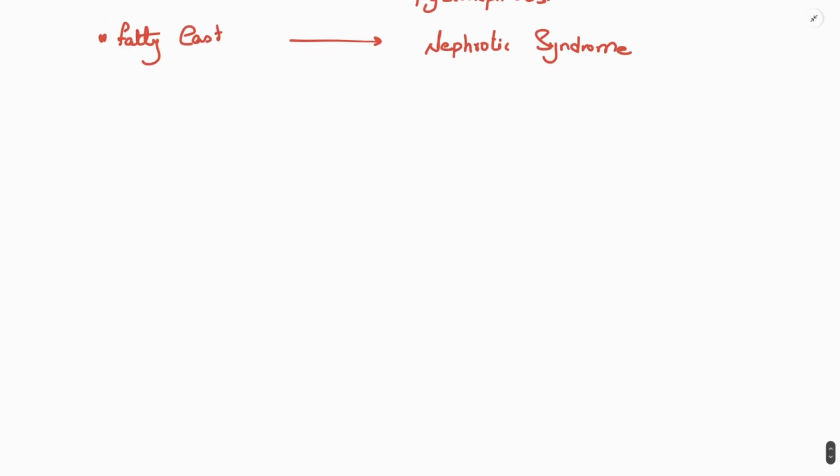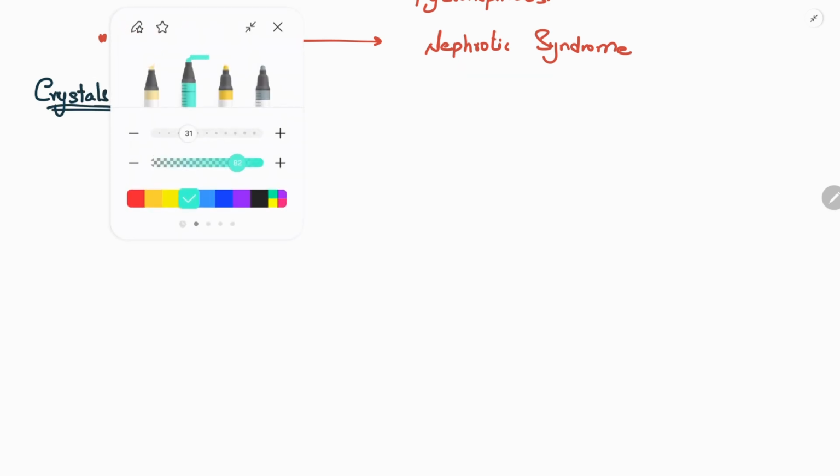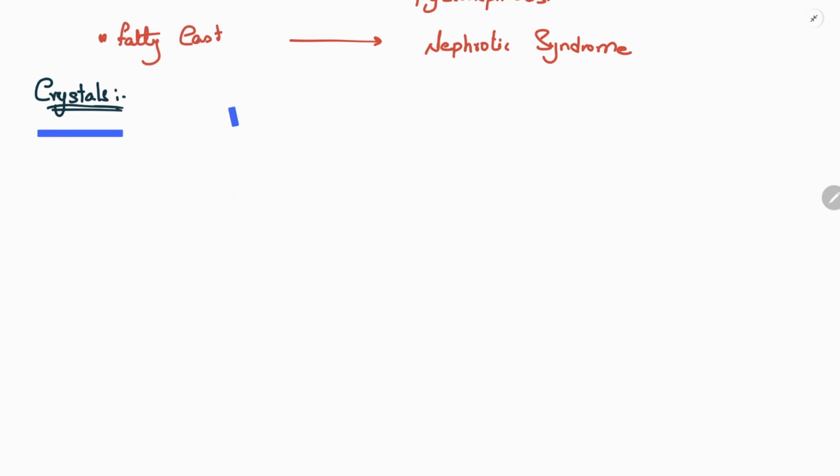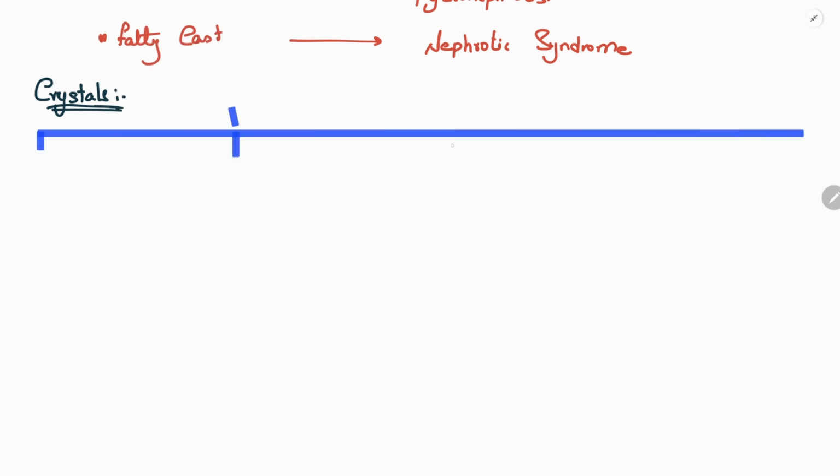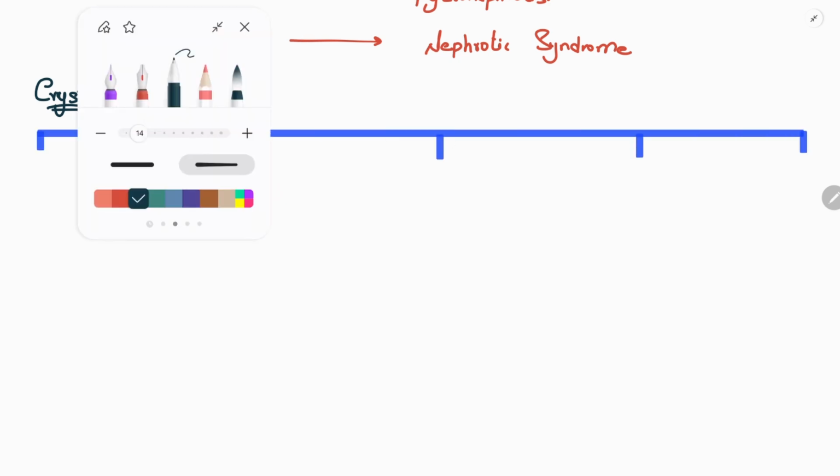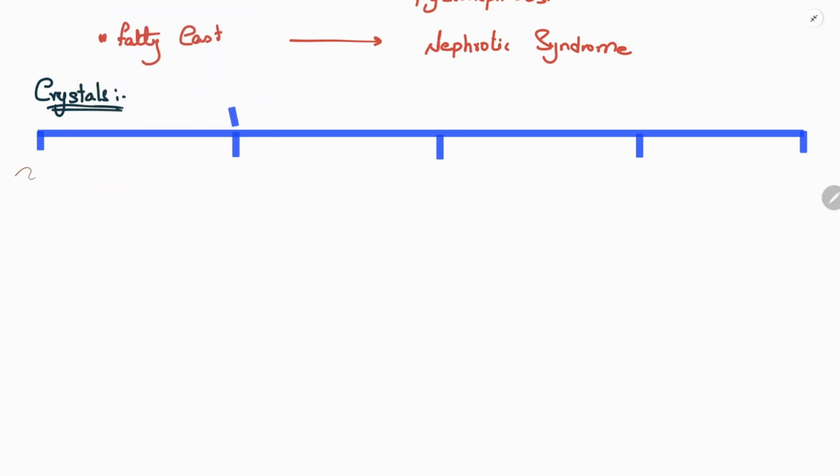Now let's learn about some of the important crystals. These crystals are also of different types. First one is staghorn stones. These are also called struvite stones.